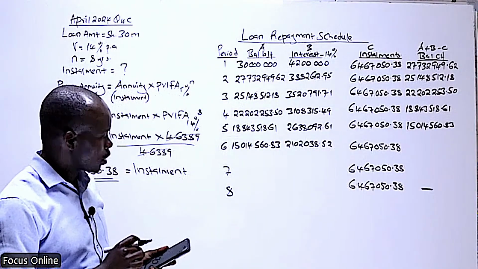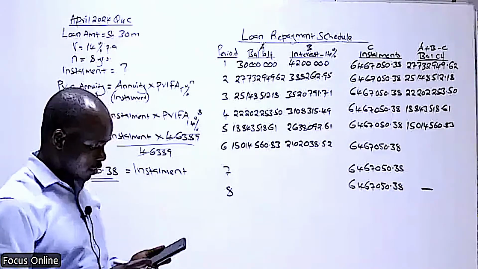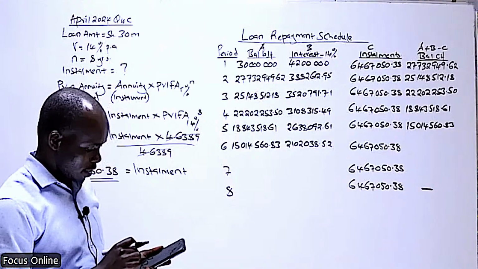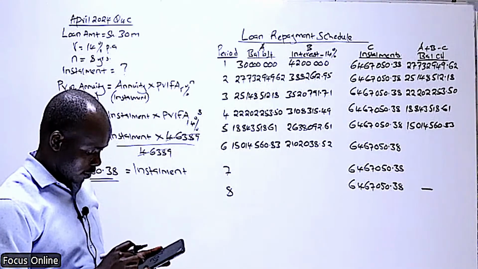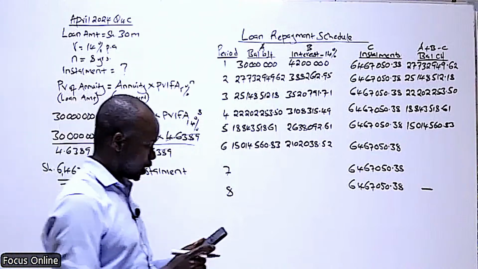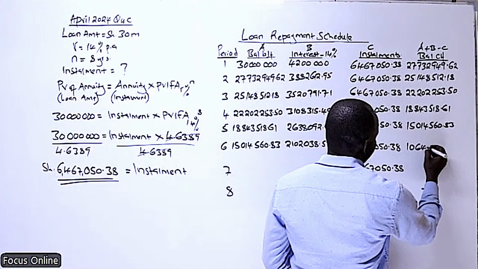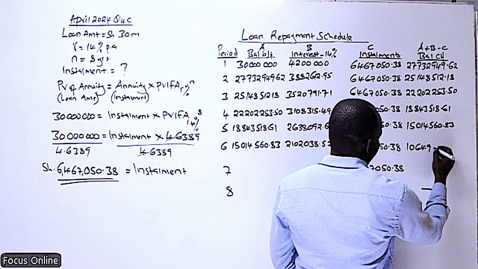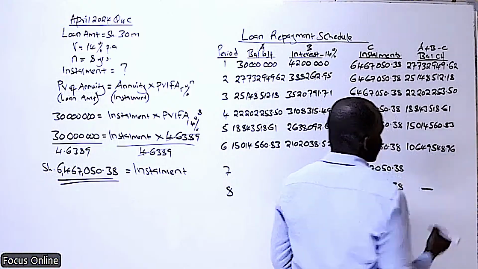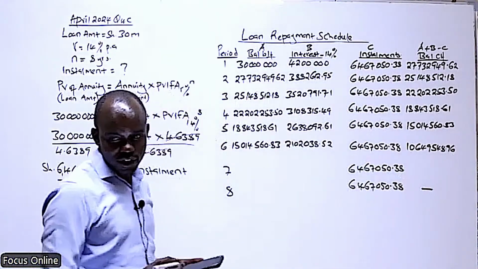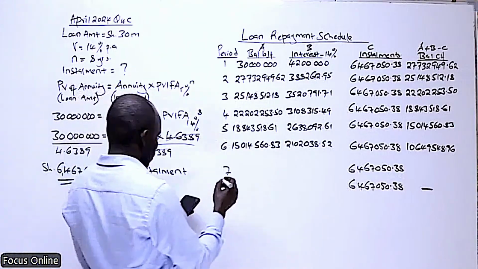And I believe you are all doing this, because if we get it wrong somewhere, then it will not be good for us. 10,649,548.96 is the balance here. That is the balance brought forward.